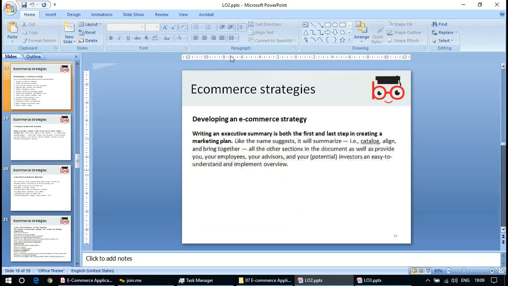Okay. So compose an executive summary. Writing an executive summary is both the first and the last step in creating a marketing plan. Like the name suggests, it will summarize, for example, the catalog, and align and bring together all other sections in the document, as well as provide you, your employees, your advisors, and your potential investors an easy to understand and implement overview.